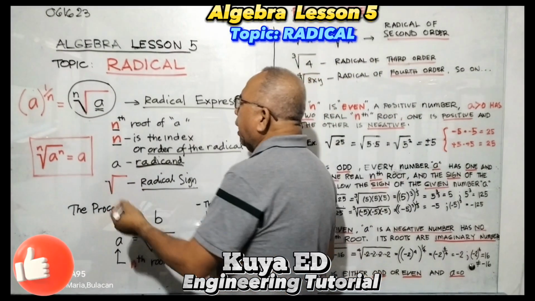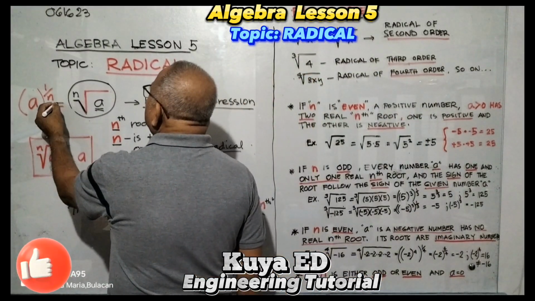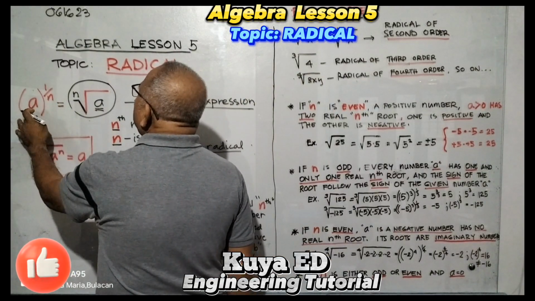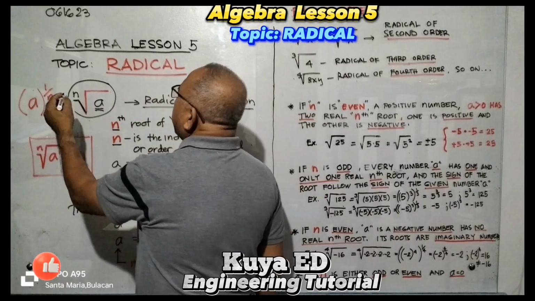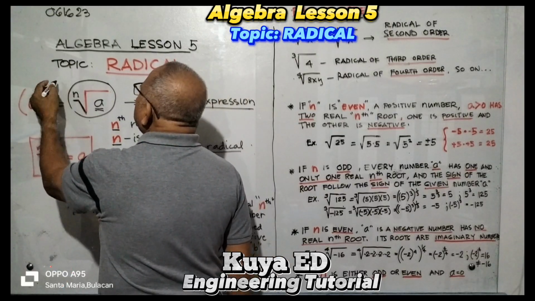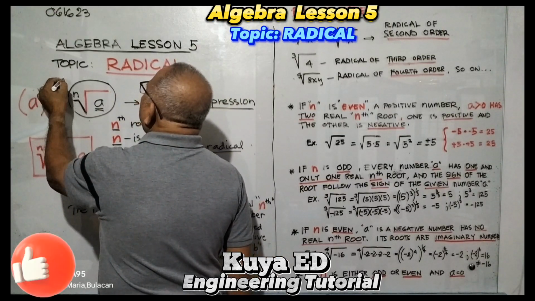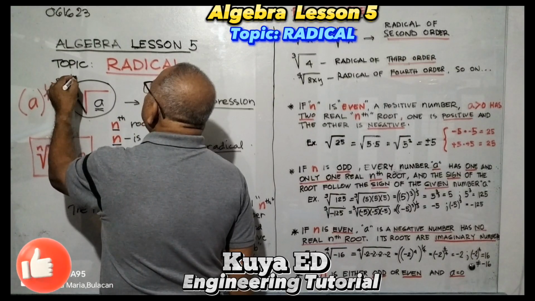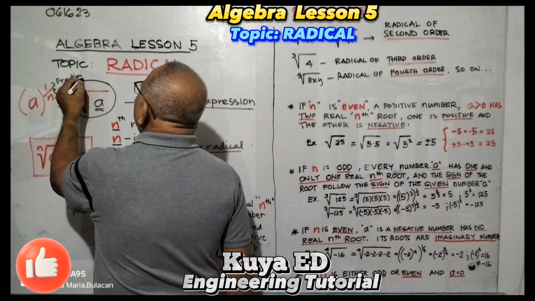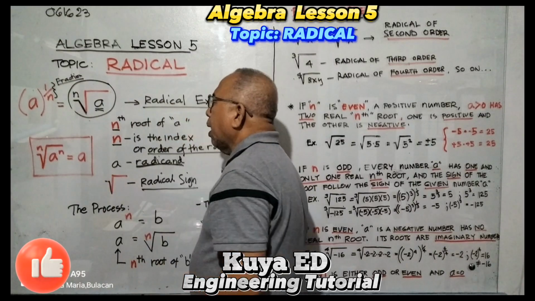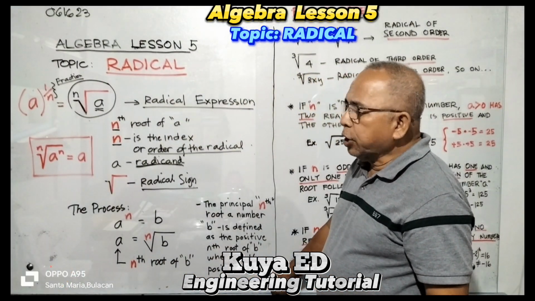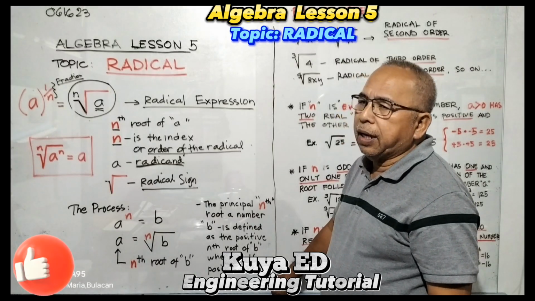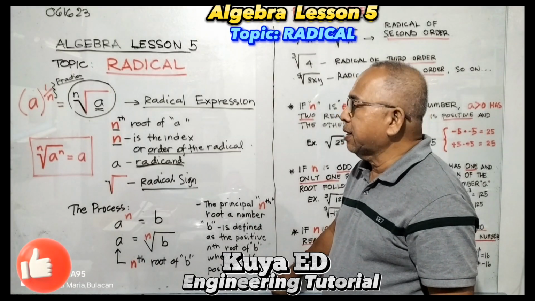You will notice na mayroon tayong nilagay dito, no? A raised to the 1 over n. Yung 1 over n, fraction ito, no? Fractional exponent. Kung natatandaan ninyo sa previous lesson natin about the exponent, doon po ay whole numbers or integers.